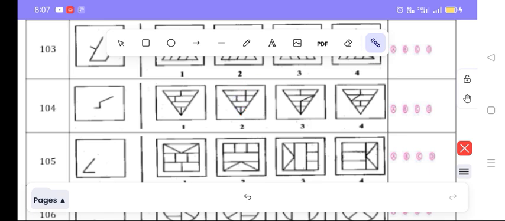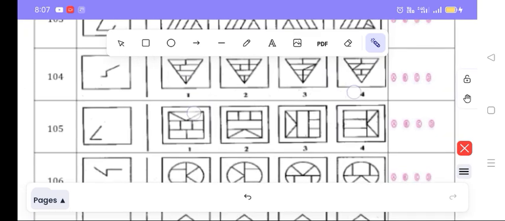Now come to C. Here you can choose the slant line and the cross slant line, L shape. All the things are possible here. It might be the answer. When you come to D, the slant line is present, but you cannot choose the L shape here. So D is also wrong. For 104, C will be the right answer. Option C.